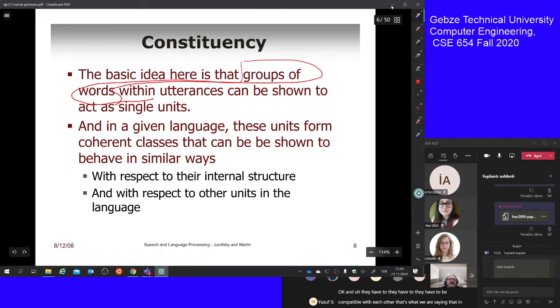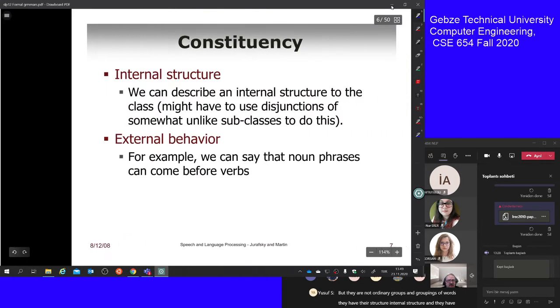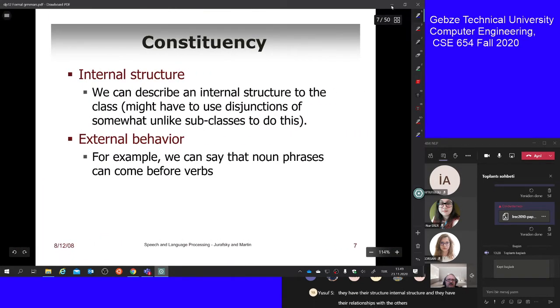Okay, these constituencies are groupings of words, but they are not ordinary groupings of words. They have their internal structure, and they have their relationships with the others, like internal structure and external behavior. Okay, so the constituency is the general idea of using groups of words in a sentence.